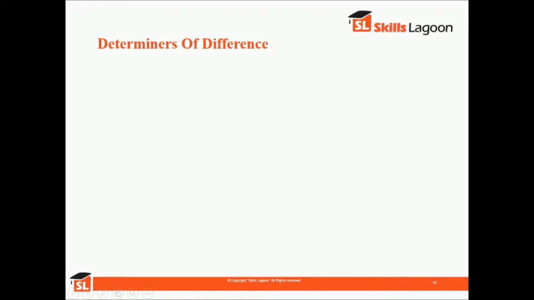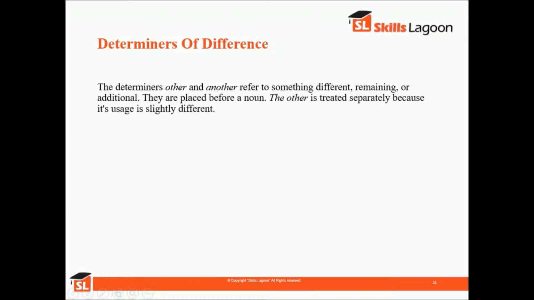Next are determiners of difference. The determiners other and another refer to something different, remaining or additional. They are placed before a noun. The other is treated separately because its usage is slightly different. Other is used for plural countable nouns and all uncountable nouns.